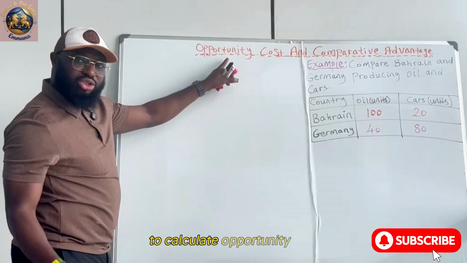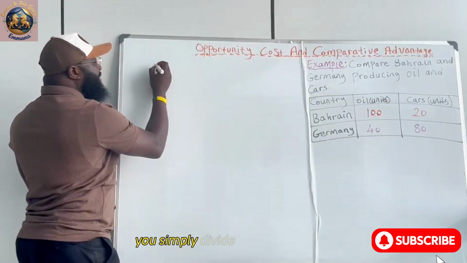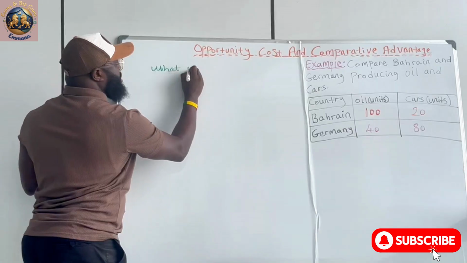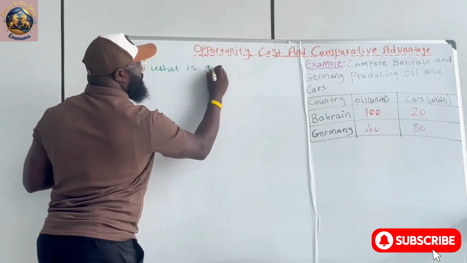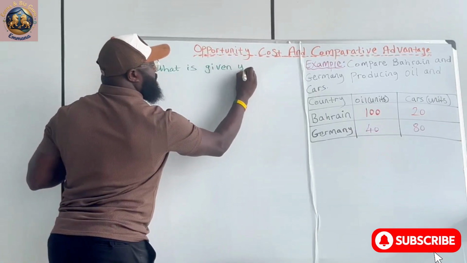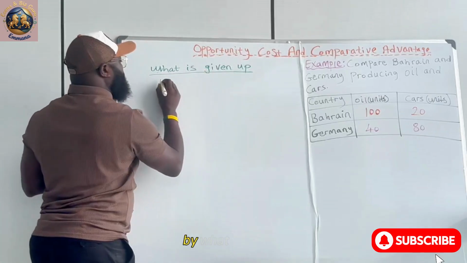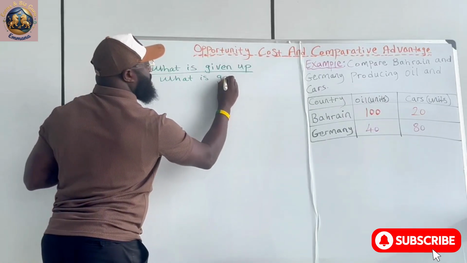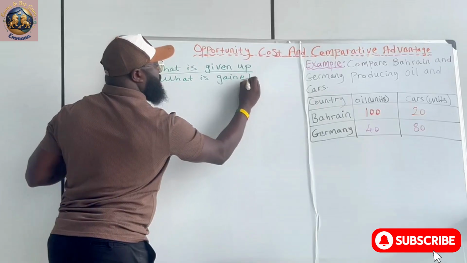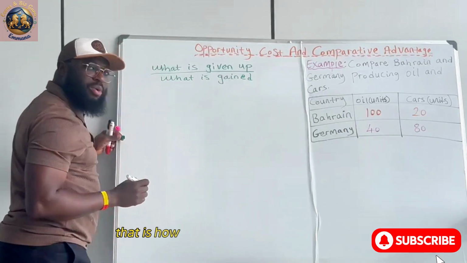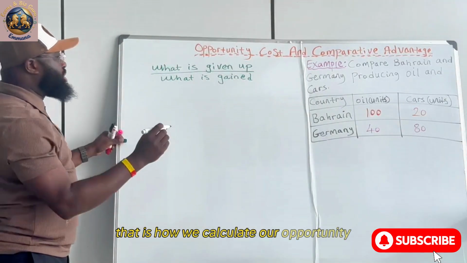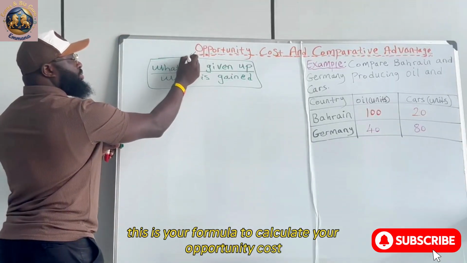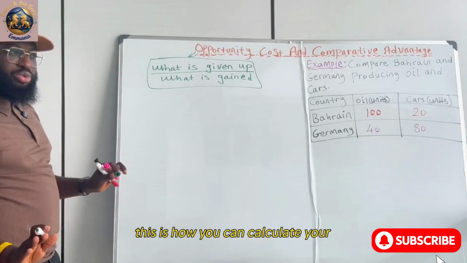To calculate opportunity cost, you simply divide what is given up by what is gained. This is your formula to calculate your opportunity cost.